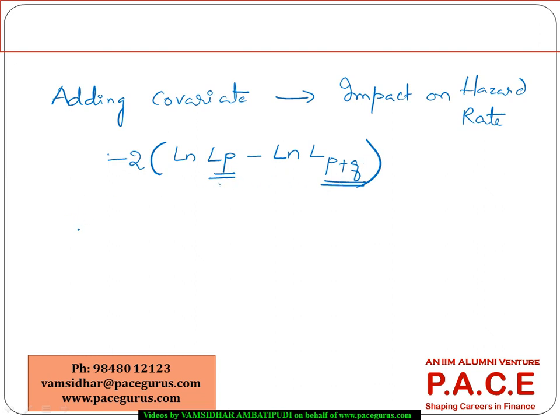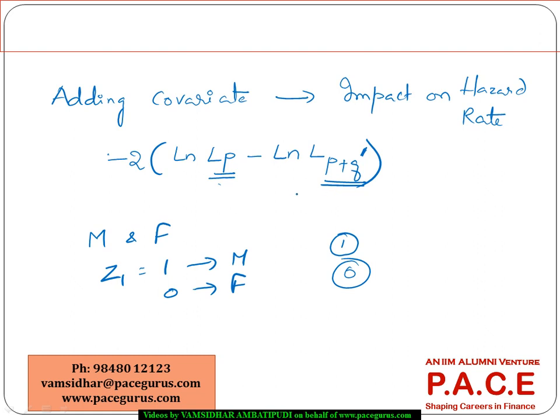Let's say I want to differentiate whether there is any difference in the hazard between males and females. If I am taking Z1 equal to 1 means male and 0 means female, all that it means is in males there is 1 covariate, whereas for females there are 0 covariates, which means there is one additional covariate that is getting added.